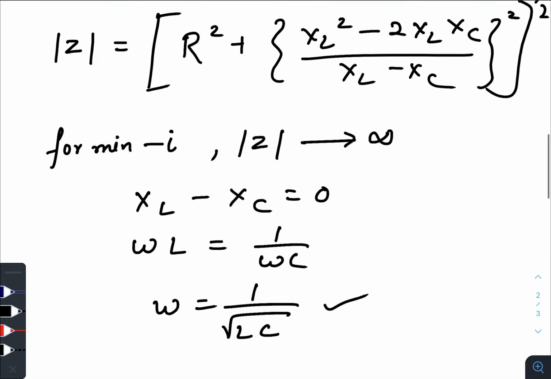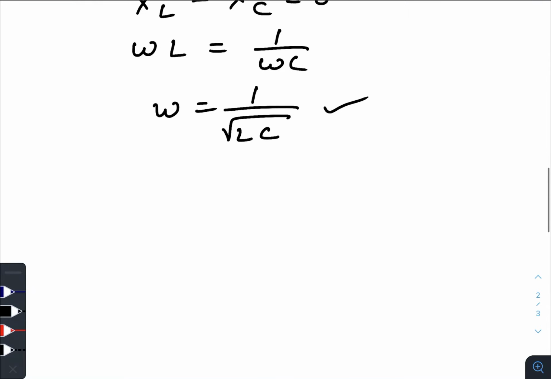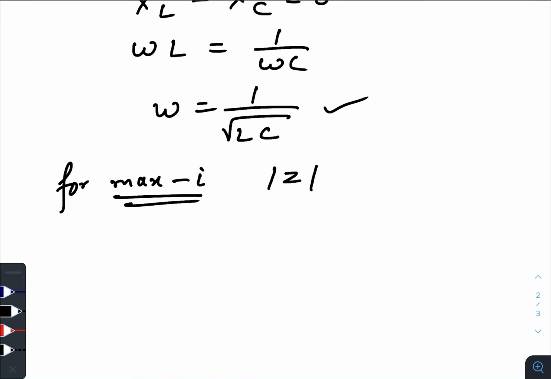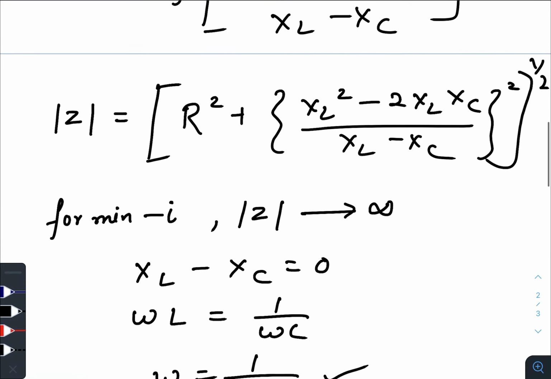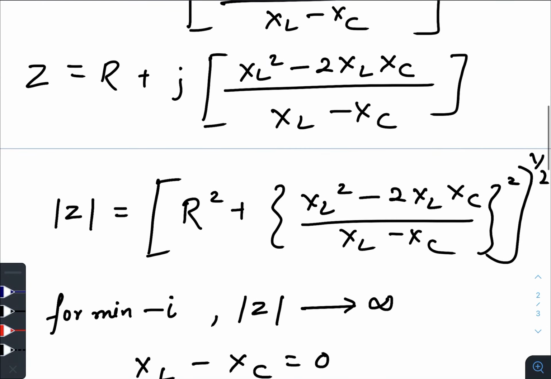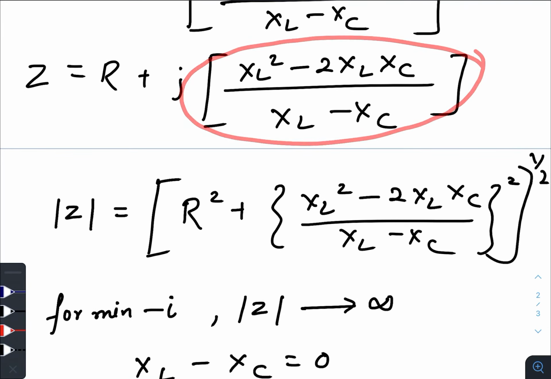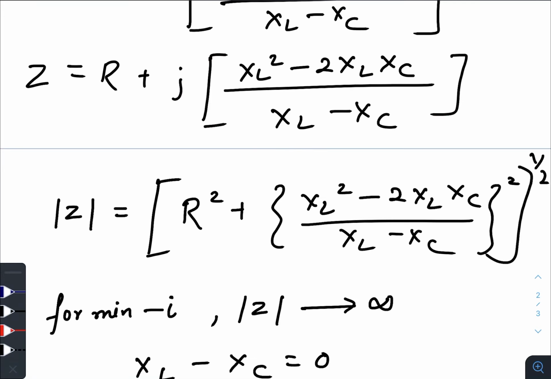Now we need to find the frequency for maximum brightness, that means maximum current flowing through the circuit. This will happen when the magnitude of the impedance tends to R, that means when the circuit is in its resonance condition, and during resonance the whole imaginary part of the impedance vanishes.